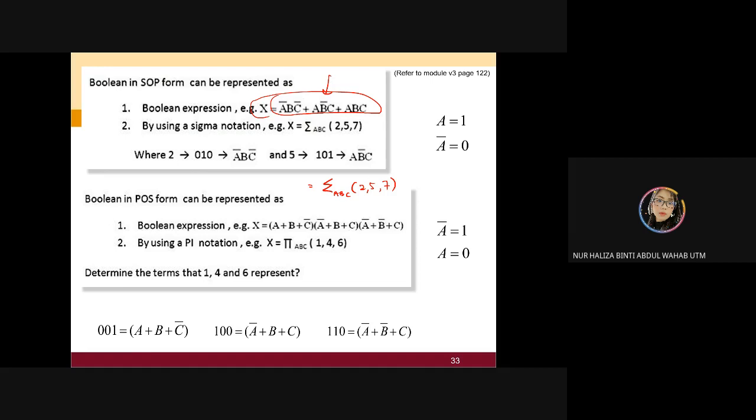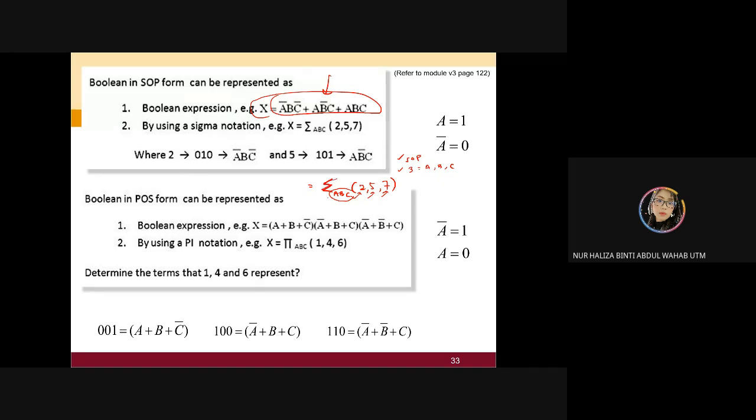But from here, first thing you know, sigma is SOP. Second, this means that you're going to have three variables, which are A, B, and C. And from these three variables, you have 2, 5, 7.